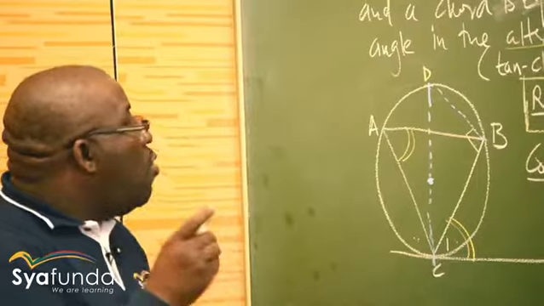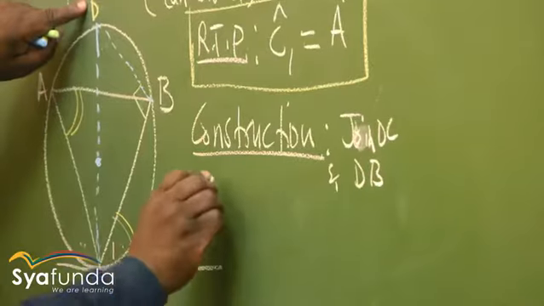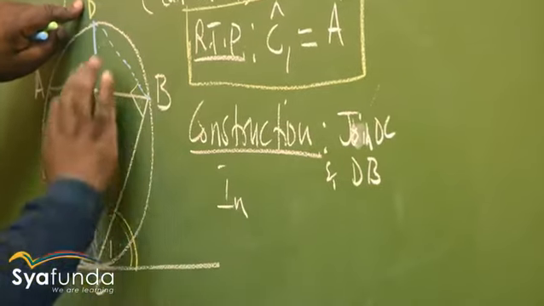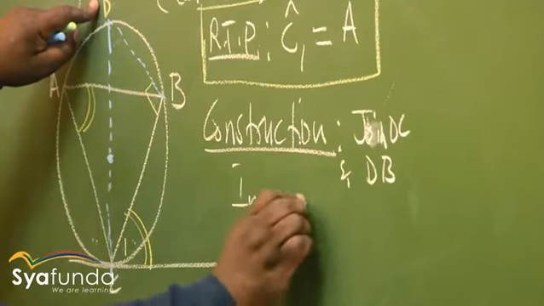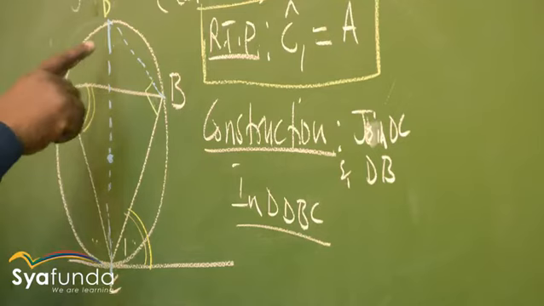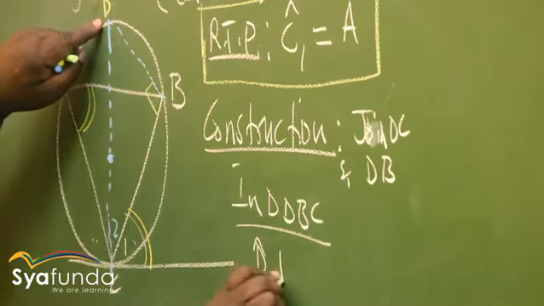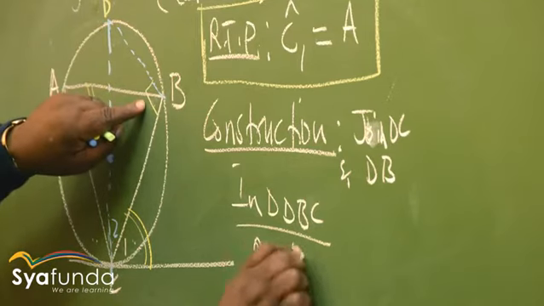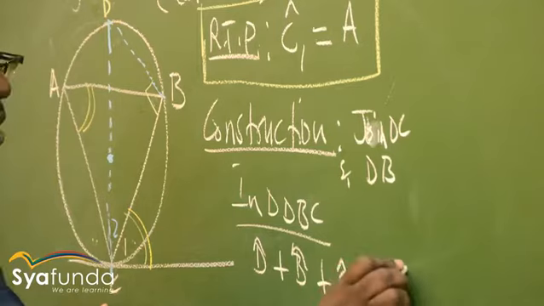Let's call this D. In this triangle, in triangle DBC, that's the triangle I want to talk about. In triangle DBC, angle D plus angle B plus, let's call this one C2, angle D plus angle B plus angle C2 is equal to 180 degrees.